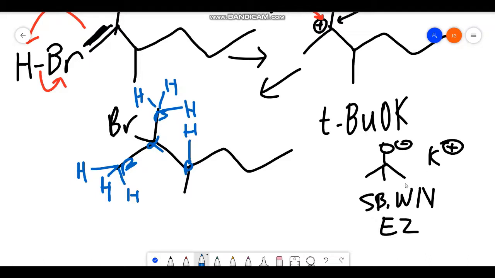Well, remember, this is a really big, bulky base. I like to think of it as a gigantic sledgehammer. My mind is drawing a blank as to what fictional giant hammers there are, bigger than Thor's Mjolnir, right? And so it's going to have a really hard time striking these hydrogens that are very sterically hindered.